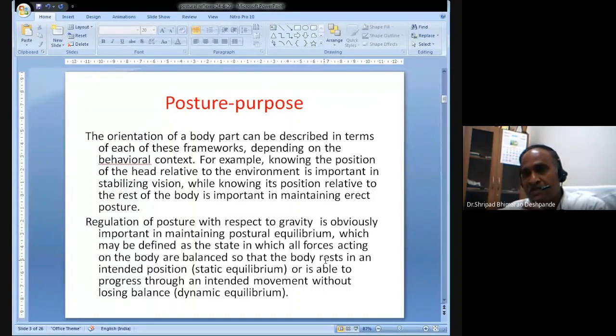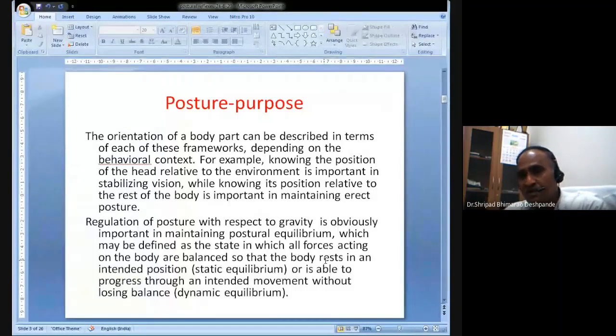So when you're talking about posture with respect to gravity, all forces acting on the body are balanced in such a way that the body rests in an intended position, that is a static equilibrium.